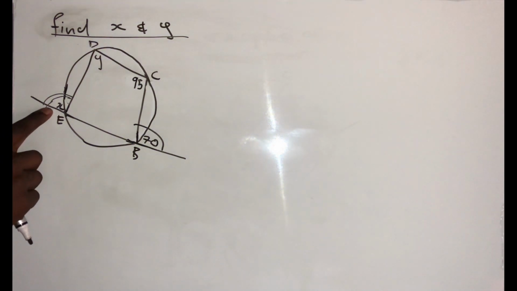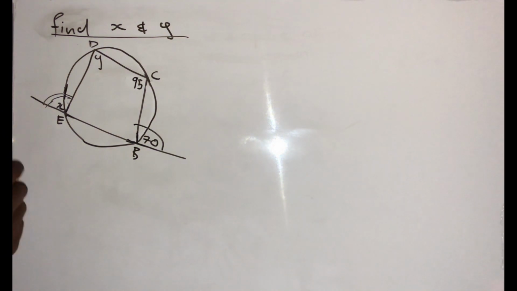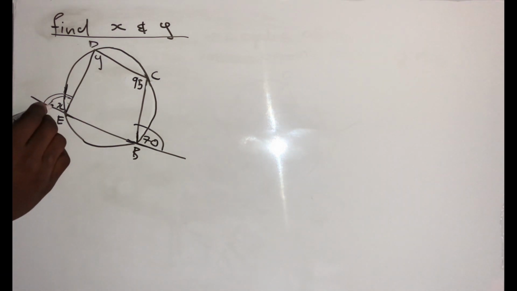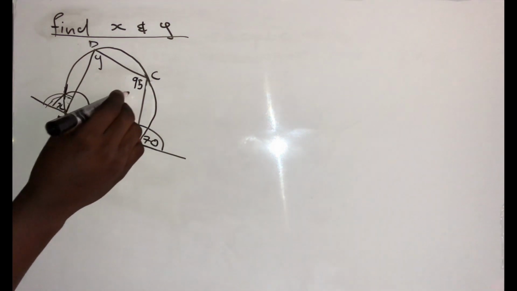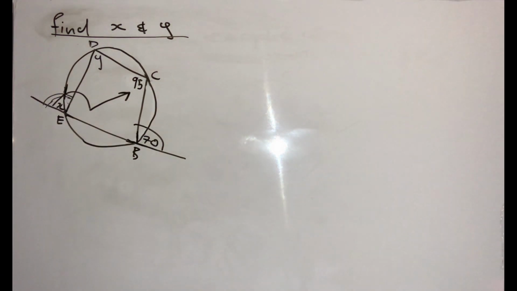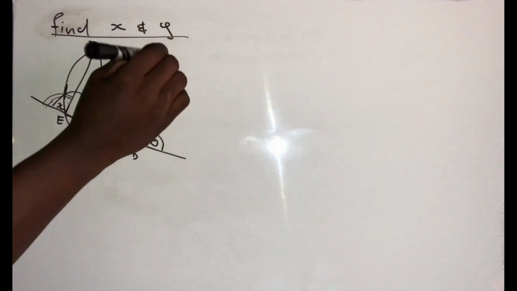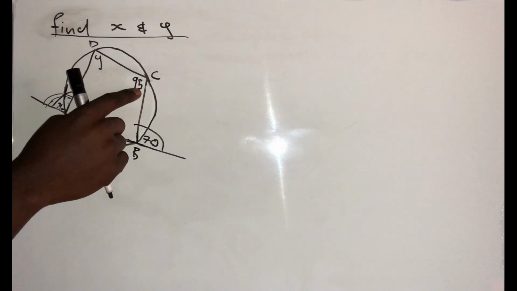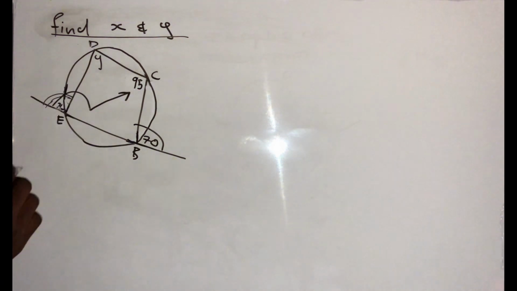X is an exterior angle, and we know that the exterior angle is equal to the interior opposite. So X will be equal to 95.